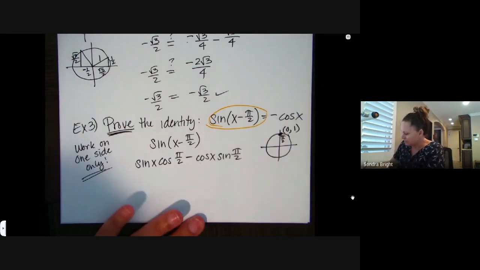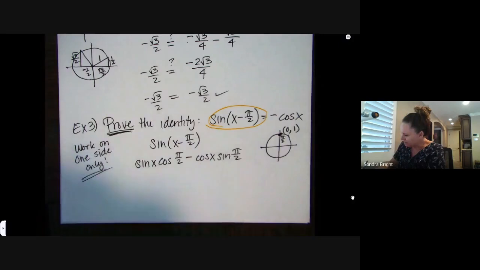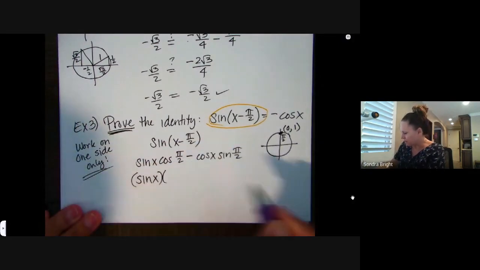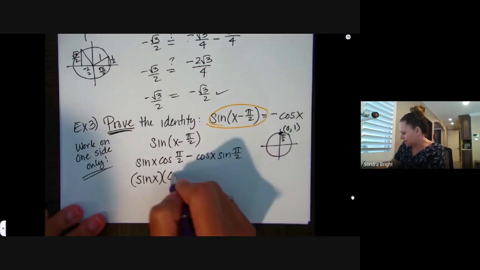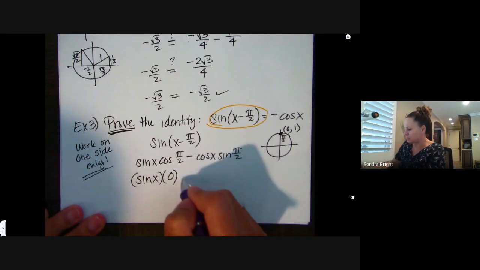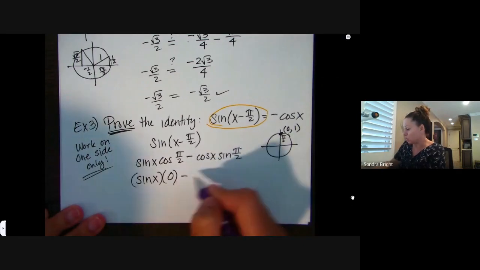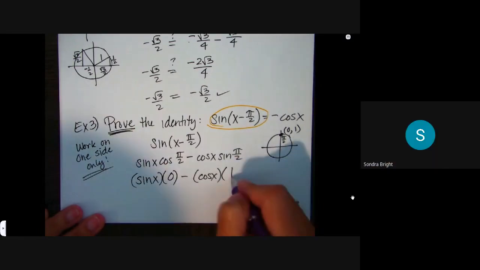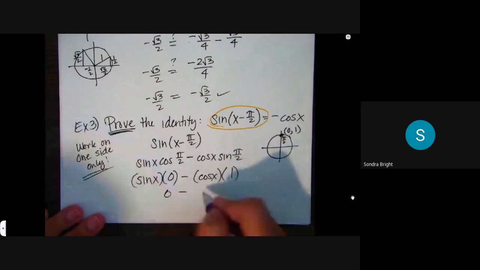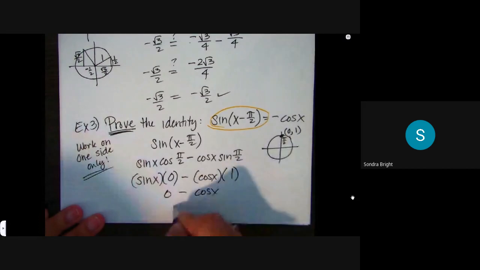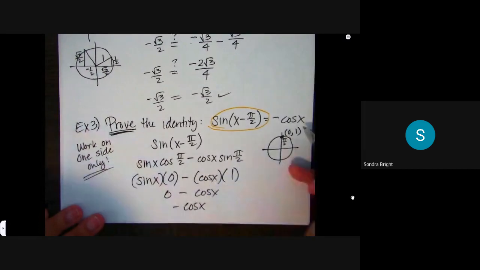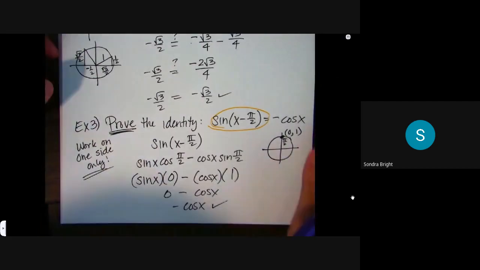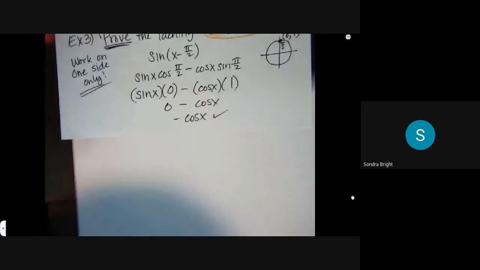So I've got sine of x times cosine of pi over 2, which is 0, minus cosine of x times sine of pi over 2, which is 1. 0 minus cosine of x is negative cosine of x. And I have just proven the right-hand side. Yay! Gotta love it, right?